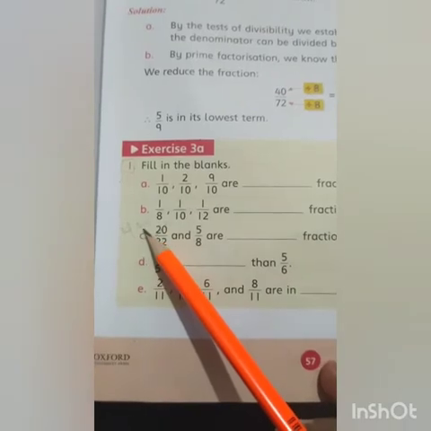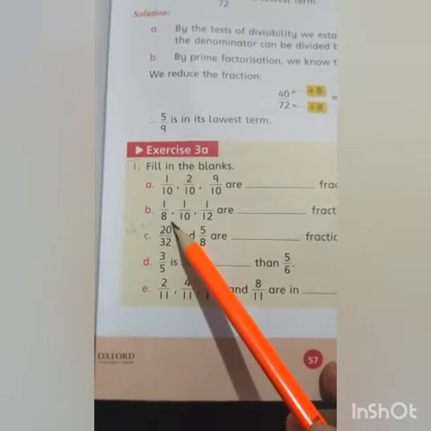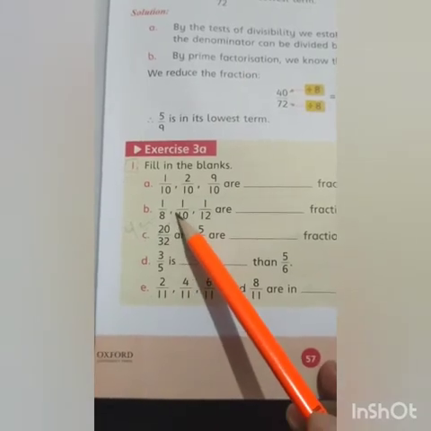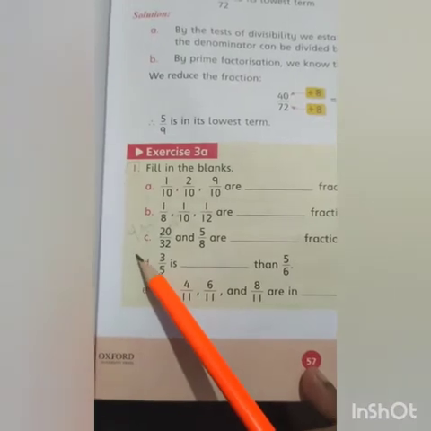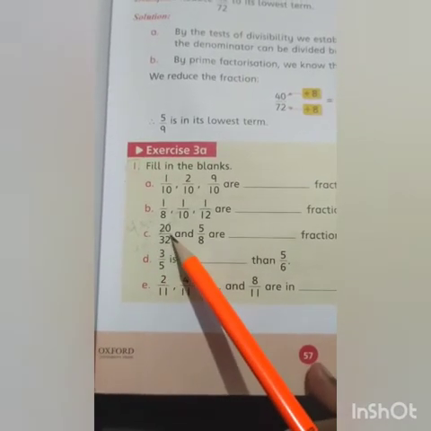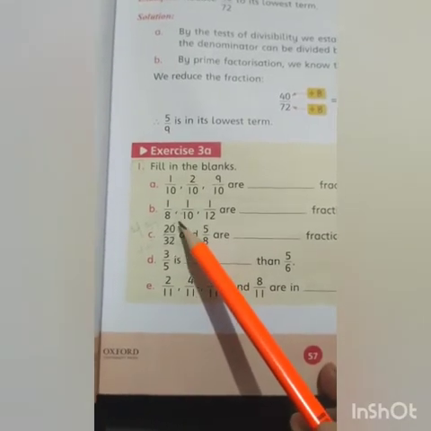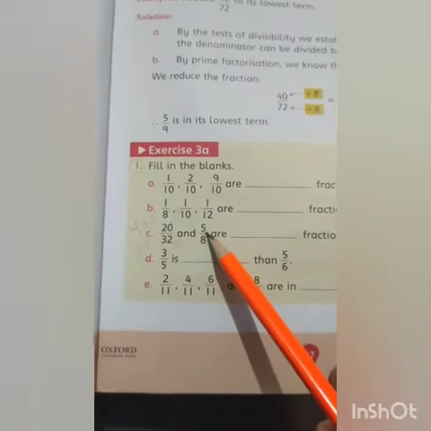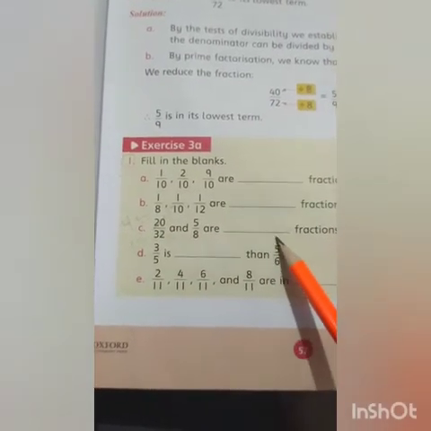When we divide 20 by 4, 5 fours are 20, and again we divide 32 by 4, 4 eights are 32. So 5 upon 8, 5 upon 8. These fractions are equivalent fractions.